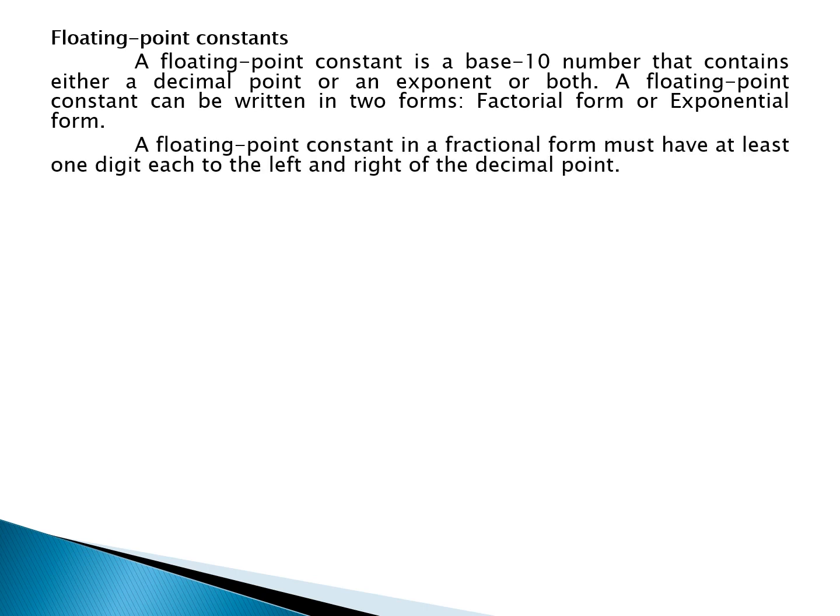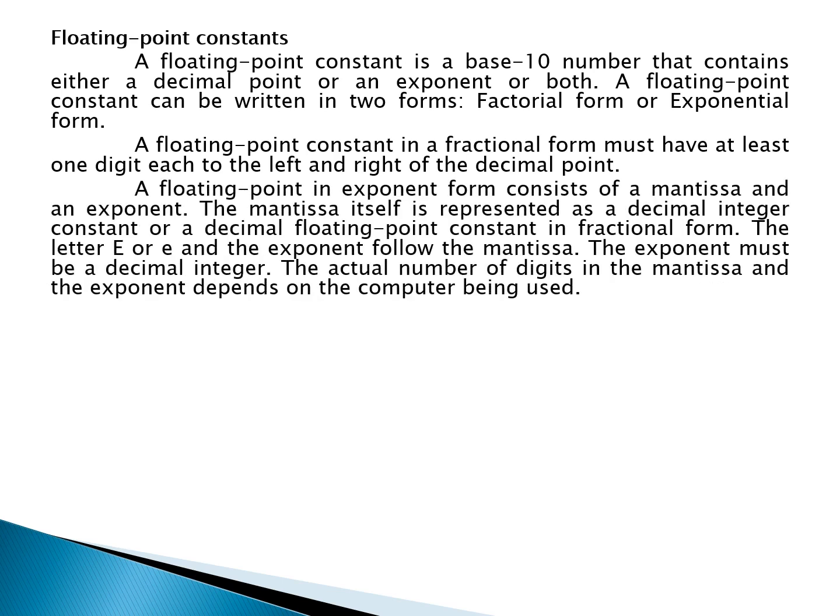A floating point constant in fractional form must have at least one digit each to the left and right of the decimal point. Then another one is the exponential form. A floating point constant in exponential form consists of a mantissa and an exponent. The mantissa itself is represented as a decimal integer constant or a decimal floating point constant in fractional form.